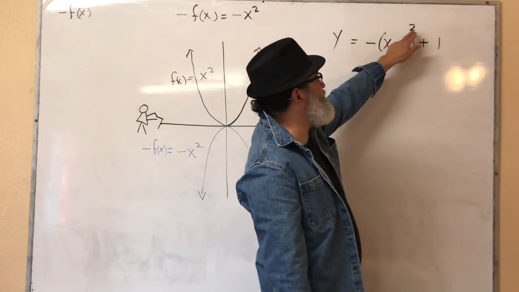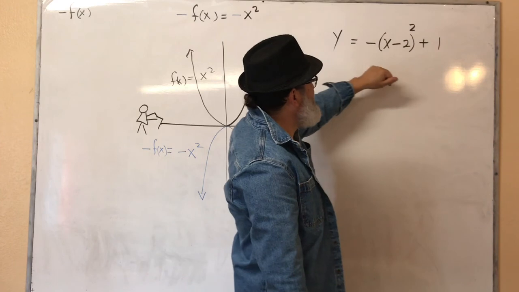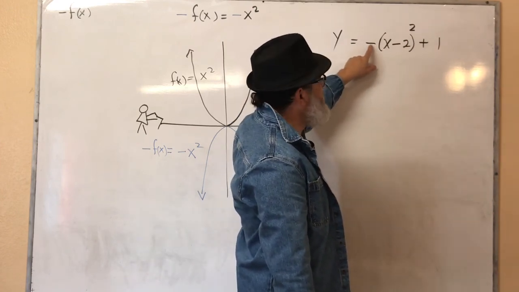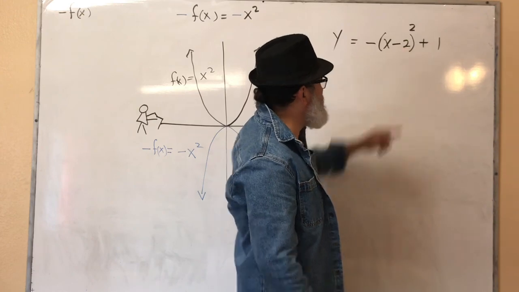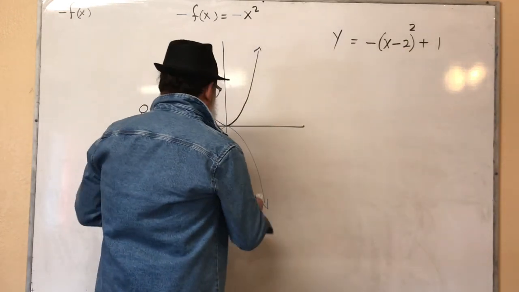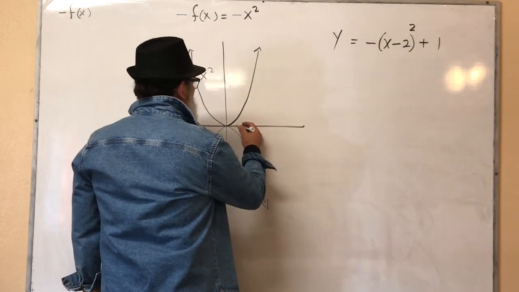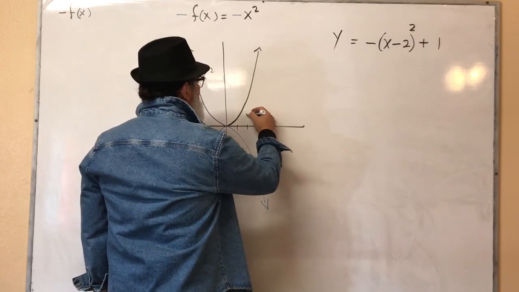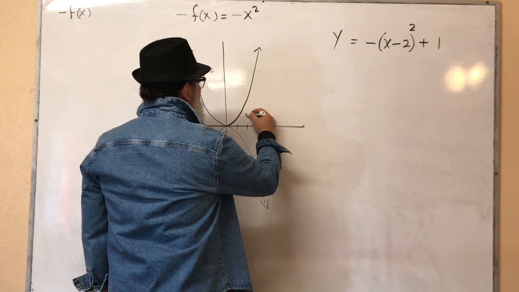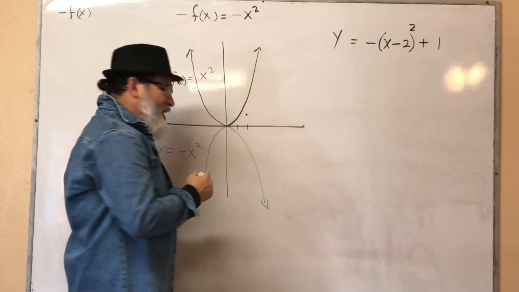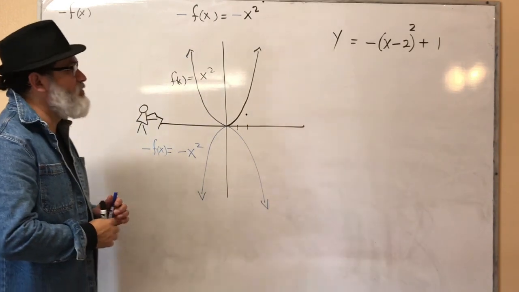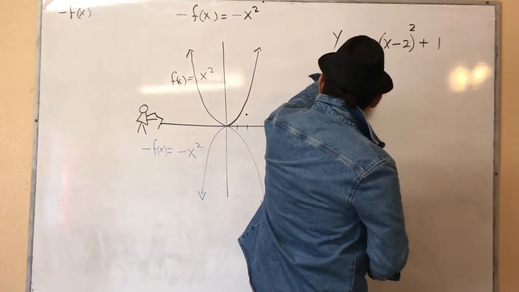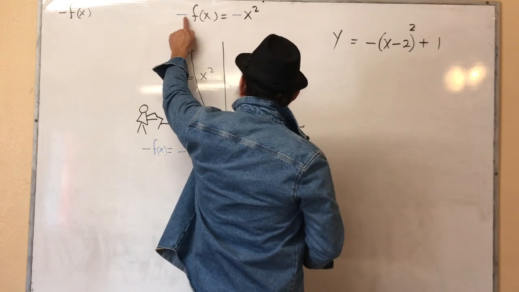This is the basic parabola. Opens down. Vertex is at 2, 1. And it's going to open down. Okay? How do I know that? Because, hey, wait a minute, because there is a negative in front of the parabola.